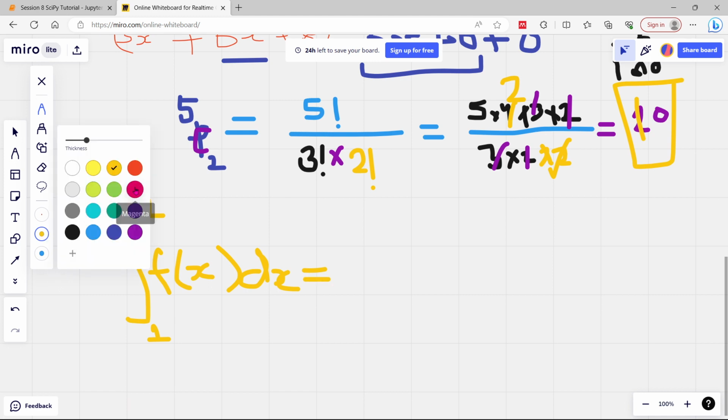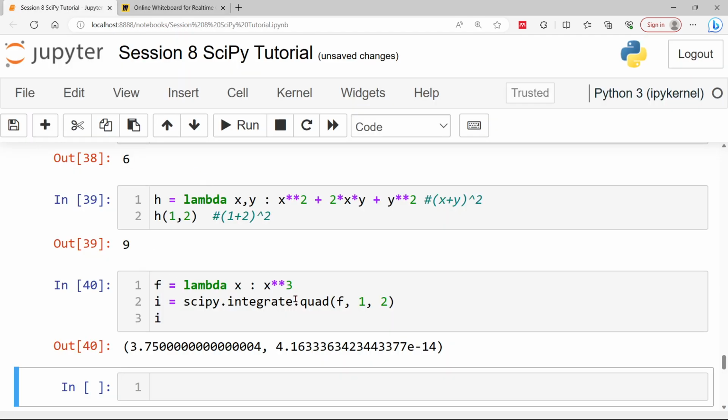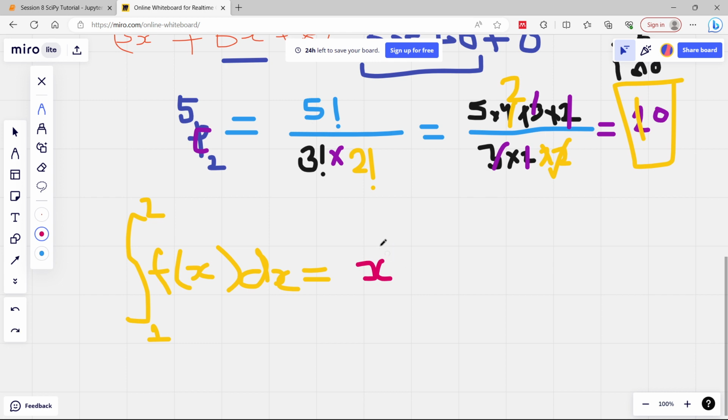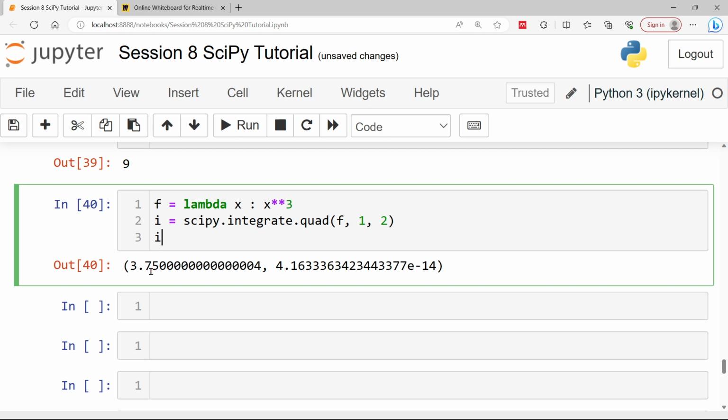And then we are going to create this x cube, sorry. Here we have the integration of x cube with the limits 1 and 2, and then we have dx over here, right? This is the fundamental value. So we are getting this 3.75 and 4.75, two values out of it, right?